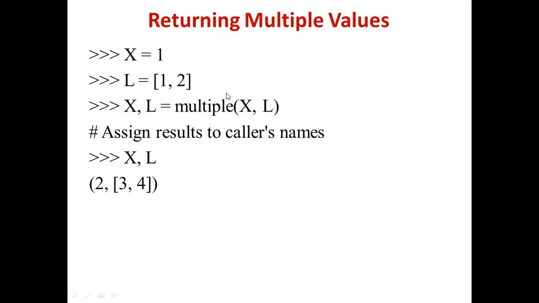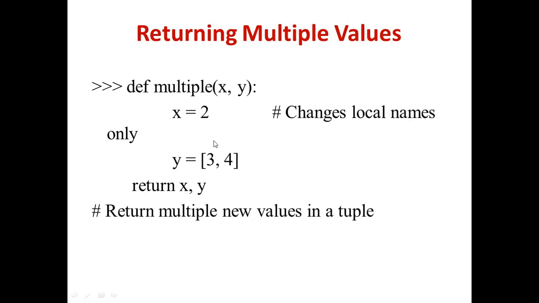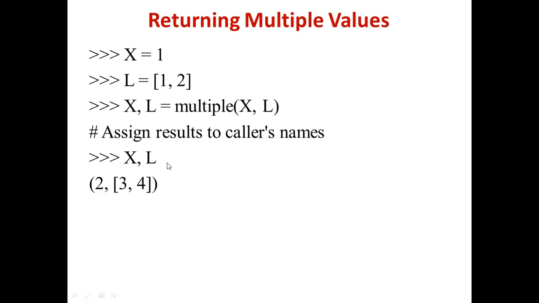Suppose I have written the statement with x as 2 and y assigned 3 and 4. Both will be returned. My x is assigned to 2, and my L will be assigned 3 and 4. Or if I initialize this value, 1 will be assigned to x and 1 comma 2 will be assigned to L. Even that way will work.